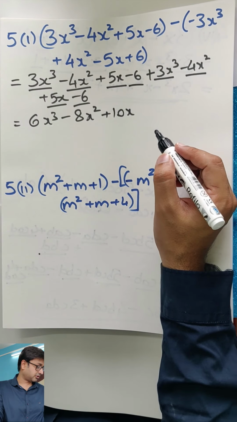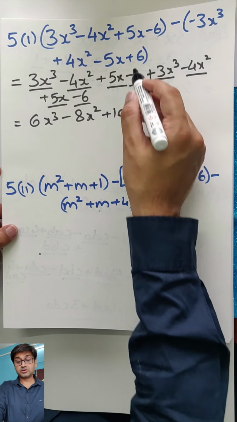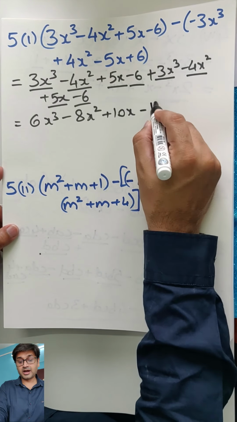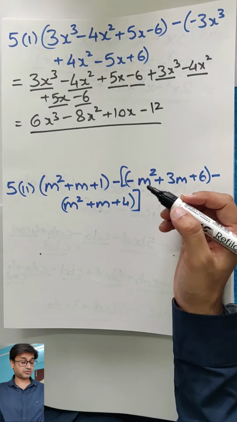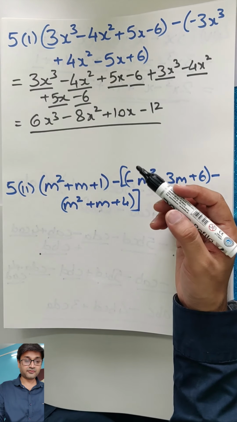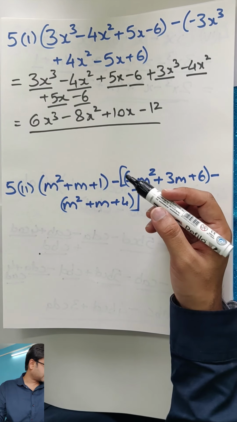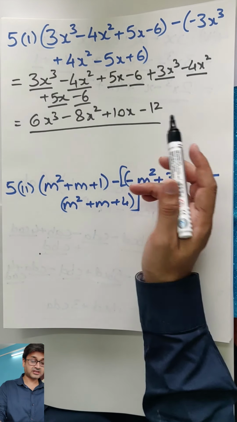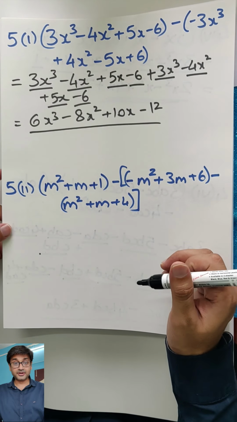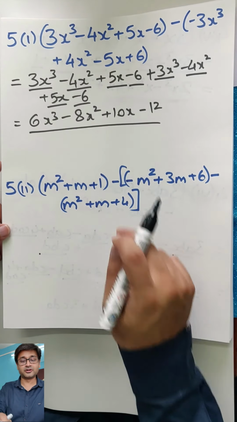Have I copied something wrong? I believe so. No, that's correct. So 6 plus 6, minus 12. That's my answer. Weird, huh? Because both of them became exactly the same. So I got a little confused if I had copied it wrong or something. Let me just check the answer. I'm not very sure about it. 6x³ minus 8x² plus 10x minus 12. It's correct. How many got the same answer? Without cheating.